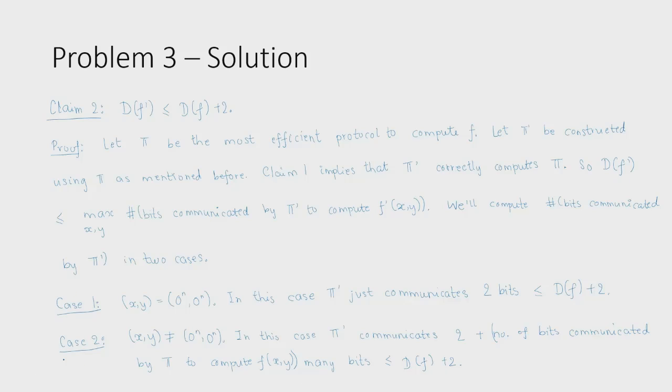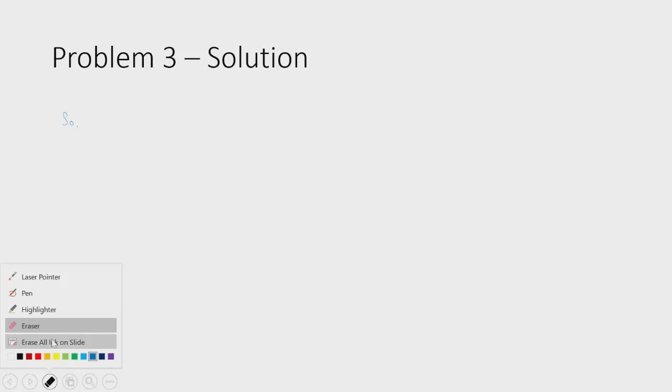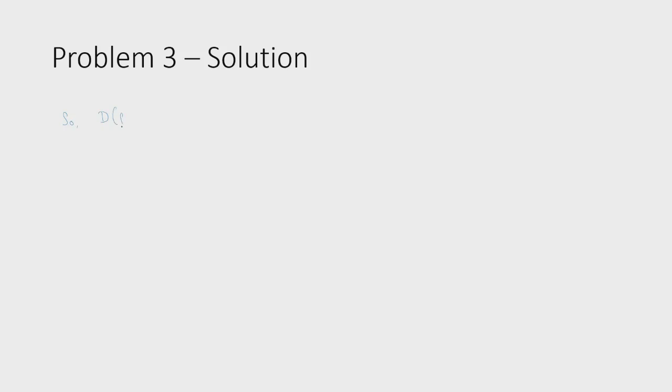So what does this tell us? d of f prime is at most d of f plus 2. And as I was mentioning before, we can repeat the same argument by switching f and f prime.